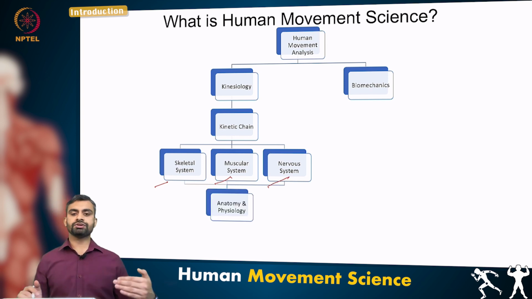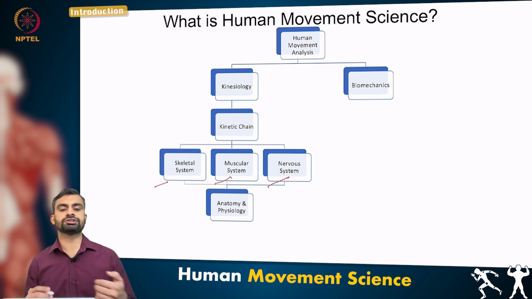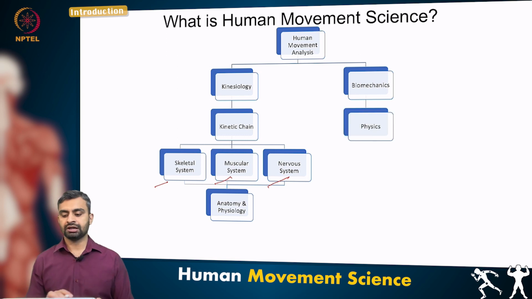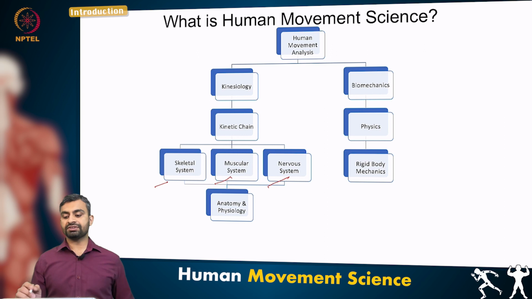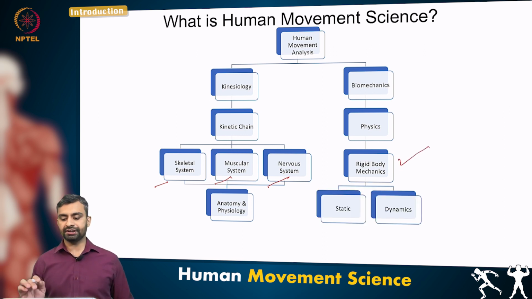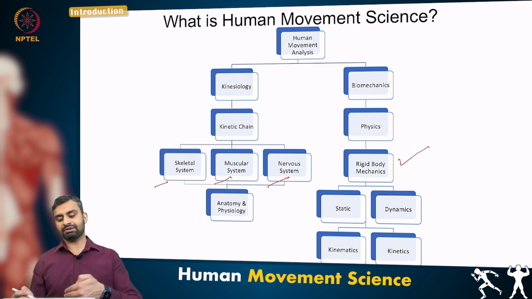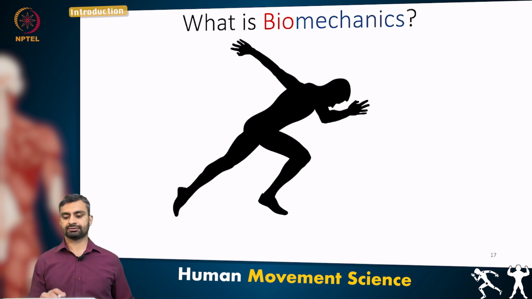In general, we look at the anatomical as well as physiological function of the human body, which includes the motor control part also. Whereas biomechanics includes the principles of physics, specifically rigid body mechanics, which can be further subdivided into statics and dynamics. And as we saw in the previous slide, these two, statics and dynamics, can be further studied as kinematics and kinetics.